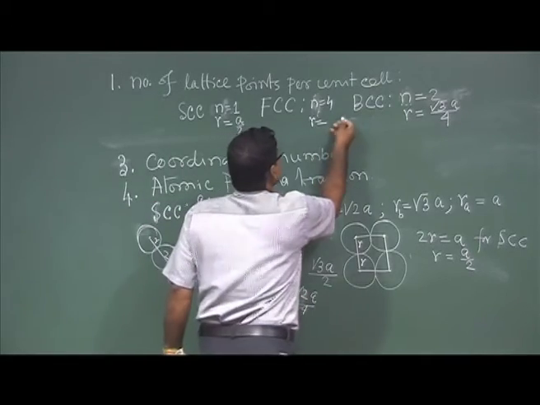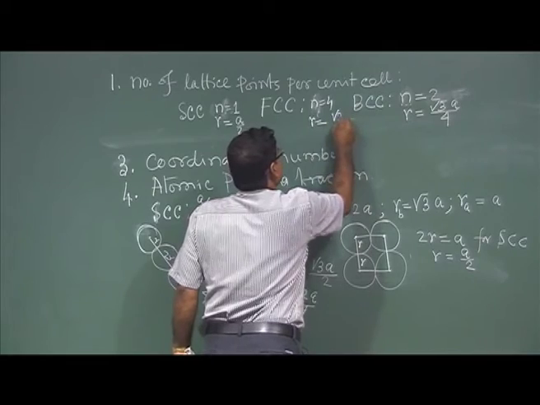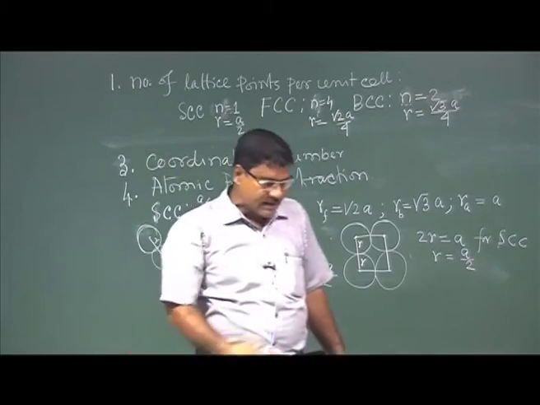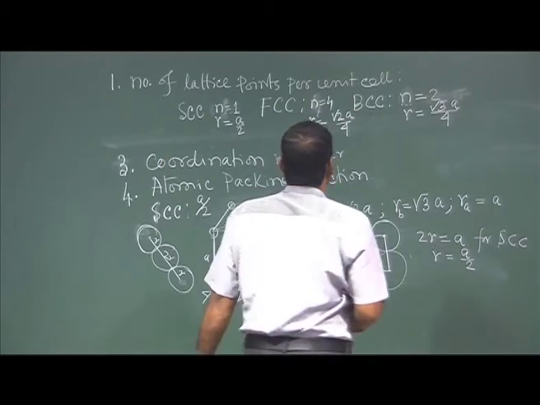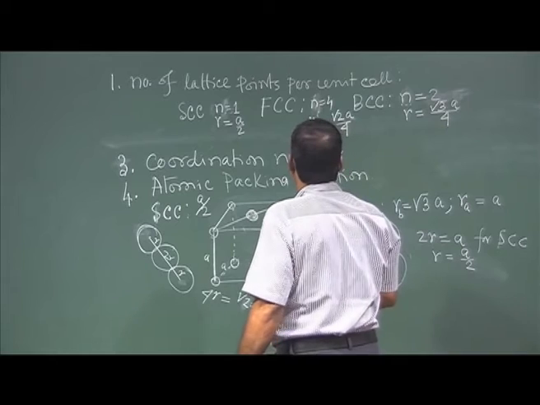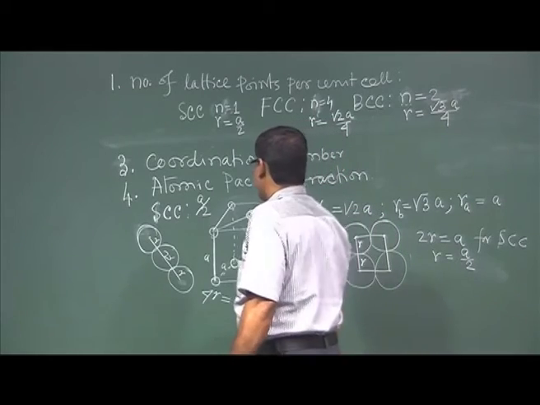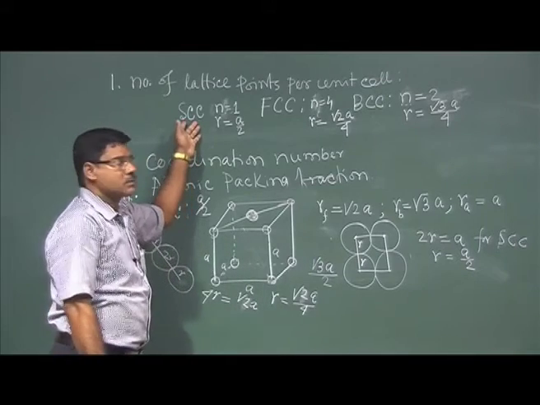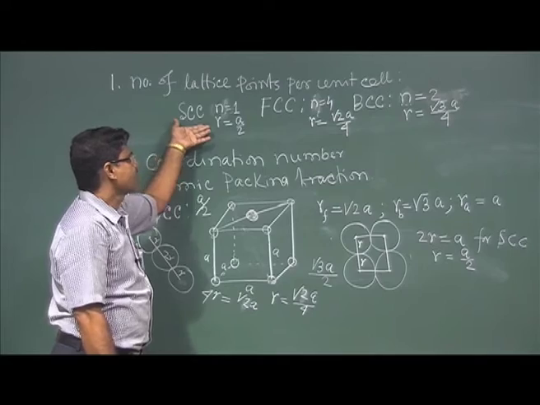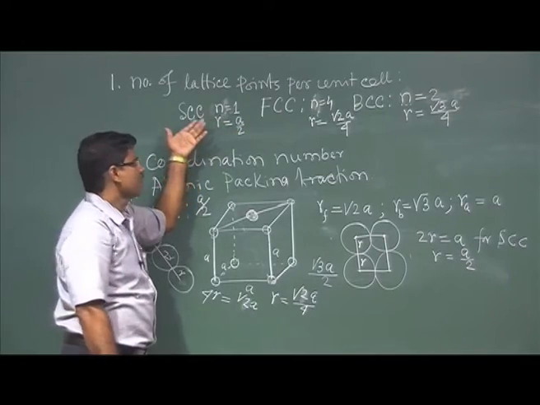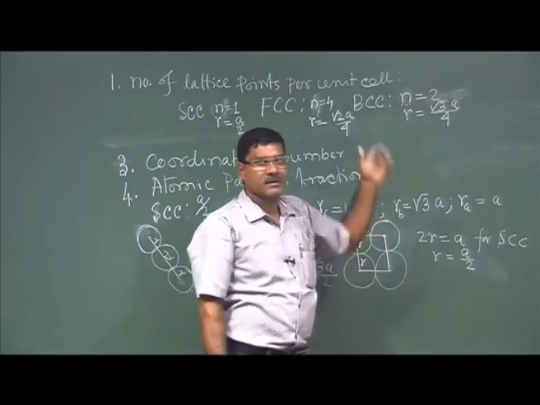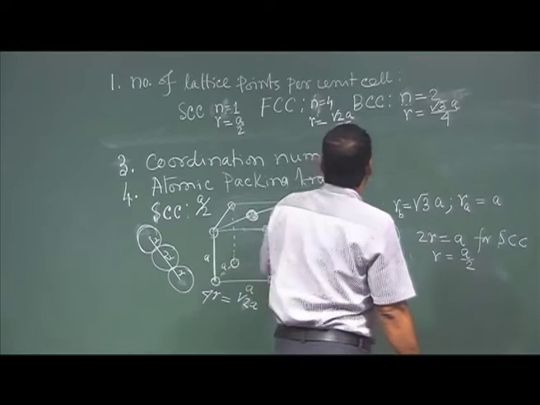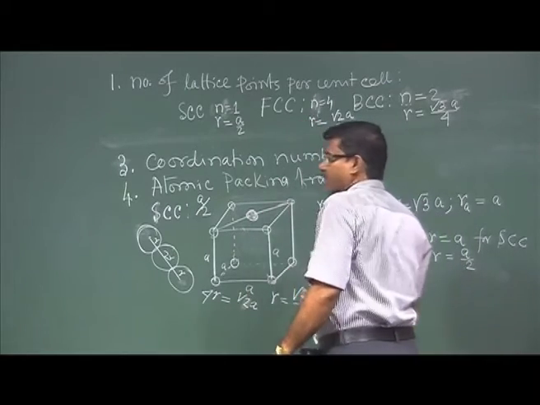So the radius of the atom will be different for different Bravais lattices. For the cubic crystal system we have 3 Bravais lattices: simple cubic, face centered cubic, and BCC, body centered cubic. So the radius of the atoms will be different.